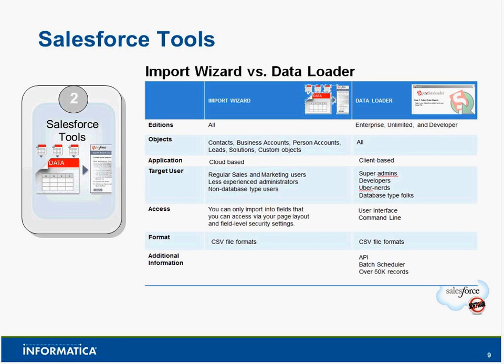Things I think are useful from this chart, and this comes from Salesforce. They walk through the Import Wizard, which is pretty limited in its functionality. What people then start to look to is the Apex data loader, which is a client-based or desktop tool that's really for advanced administrators and developers. The "Uber nerds" label I thought was pretty funny to put in the slide.